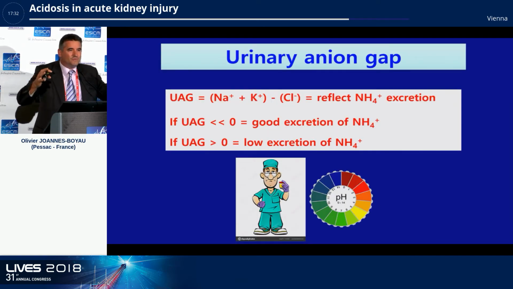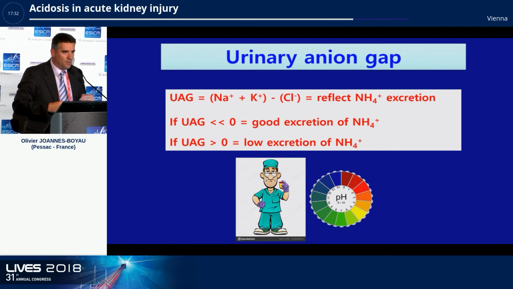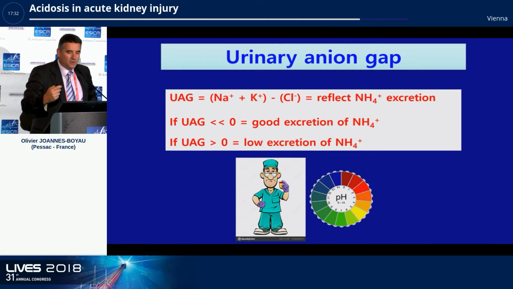And now to try to understand which part of the kidney fails, and to categorize some acute kidney injury to understand why you have acidosis, you can use also the urinary anion gap. It's quite close to the plasma anion gap, but there it's sodium plus potassium minus chloride. And in fact, this is just the reflection of the ammonium excretion, because it's really difficult to measure the real ammonium excretion.